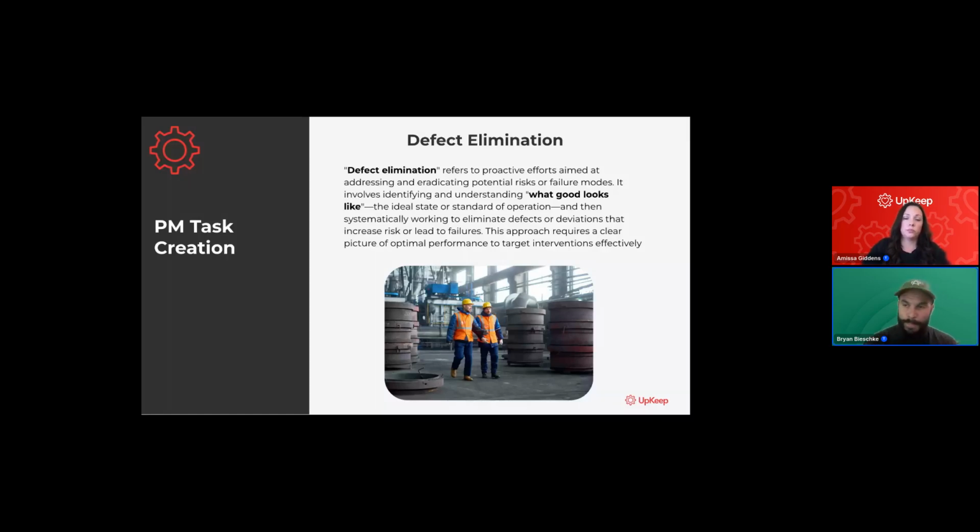If you know that this one machine in this capacity is what it should be doing, the right speed, the right load, the right amount of lubricant, the correct belt, whatever. We want to know what that is, and then we want to keep it that way. So any defects that show their face, we want to address those things to keep it in that context of what good looks like.